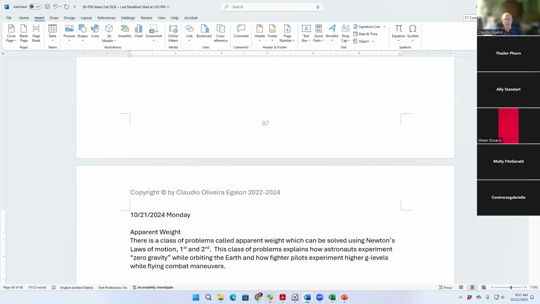Okay, you don't have to be an astronaut to experiment zero G, and you do not have to be a fighter pilot to experiment higher G levels. You can be a common civilian, and you can go to your local flight school.